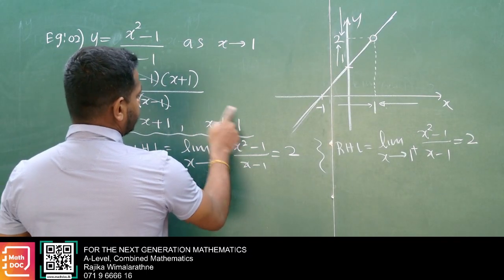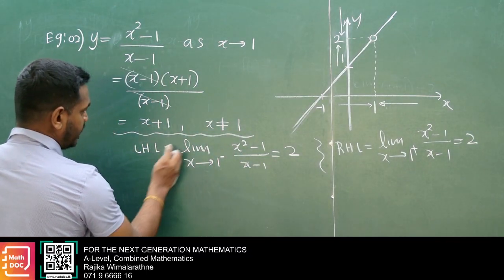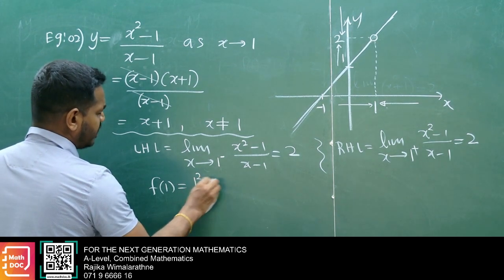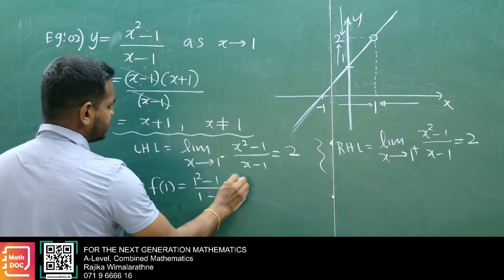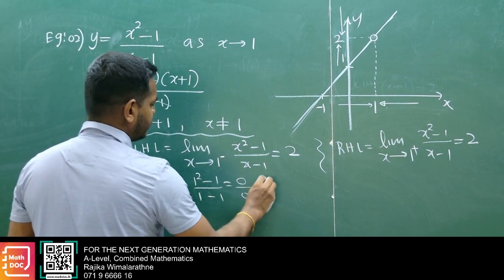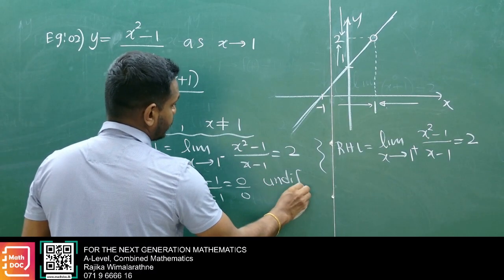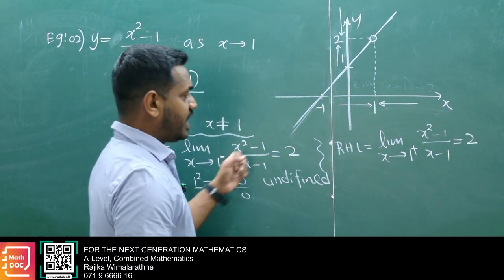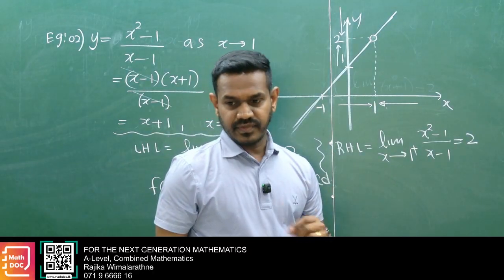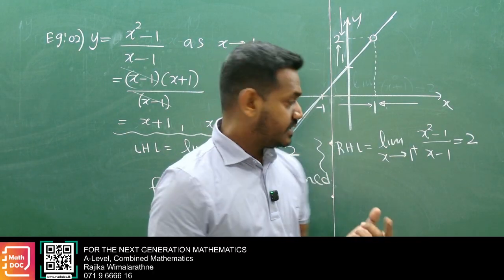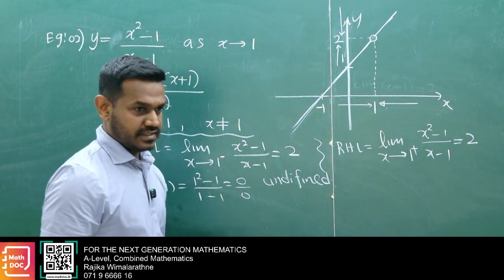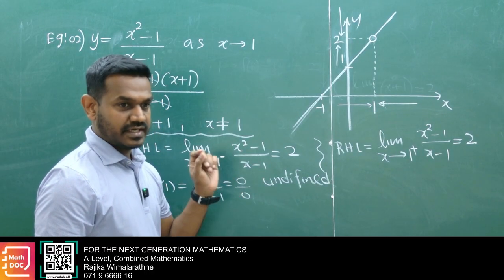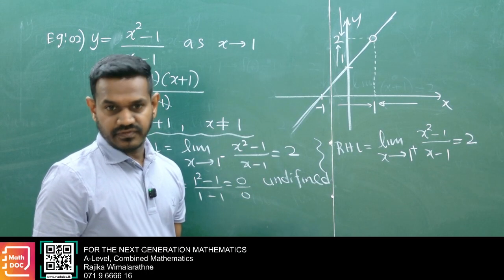Here x not equal 1, f(1) undefined. 1 squared minus 1 over 1 minus 1, 0 divided by 0, undefined. Therefore, the left hand and right hand limits are the same, but that is not equal to f(1). Therefore, we say the function has a limit, but it is not continuous.